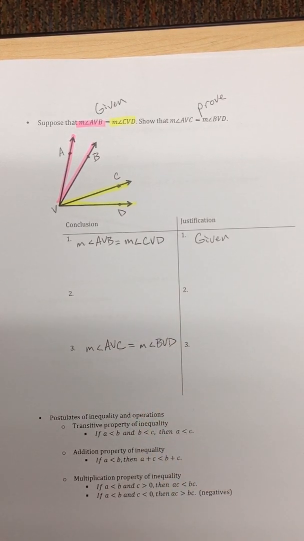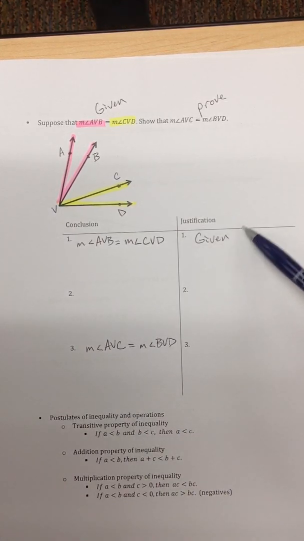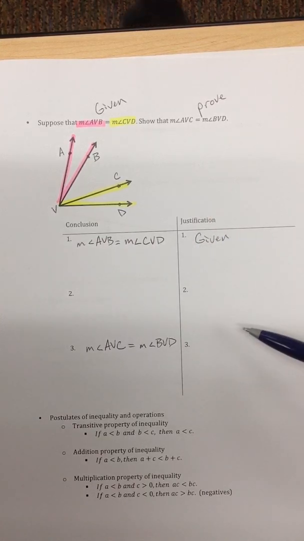Then we don't put prove here; we actually have to give a reasoning why that happens. The only one we can just write a word for is given. We can't just put prove for this side because we have to give some sort of reasoning why that actually works.